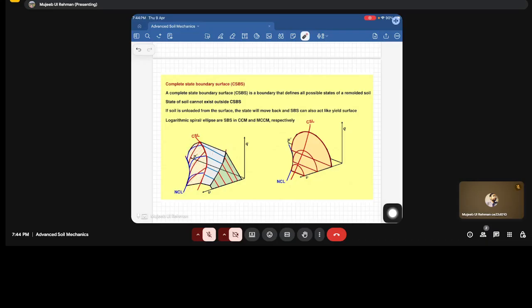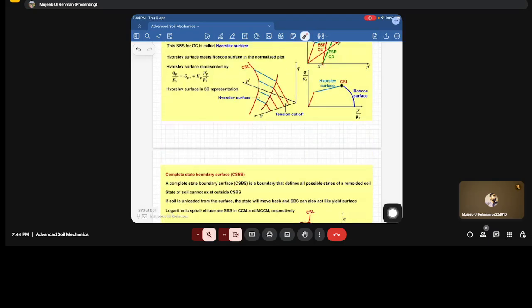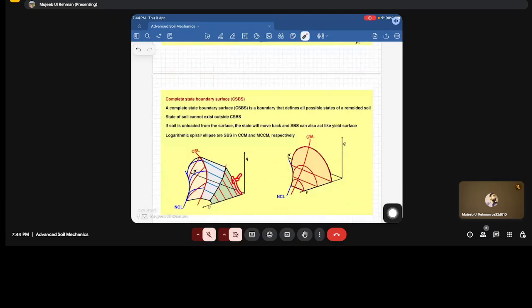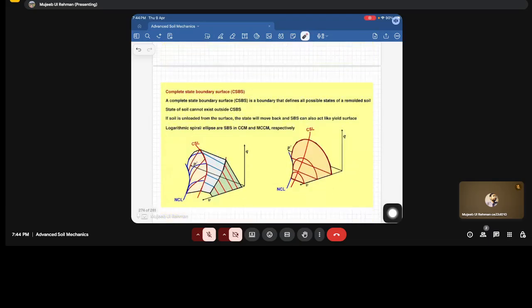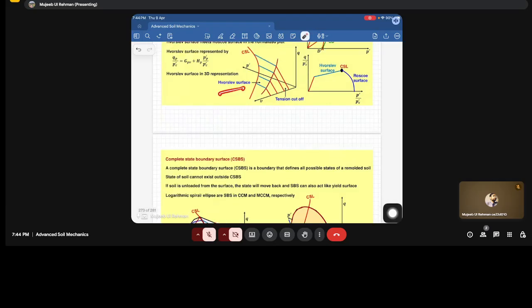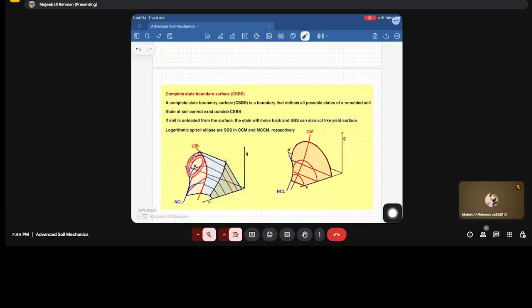In the CCM and MCCM, which follow the associated rule, if we replace the functions with the logarithmic spiral or ellipse, the boundary surface will be like this. This is the tension cutoff zone, the Hvorslev surface, and the Roscoe surface.